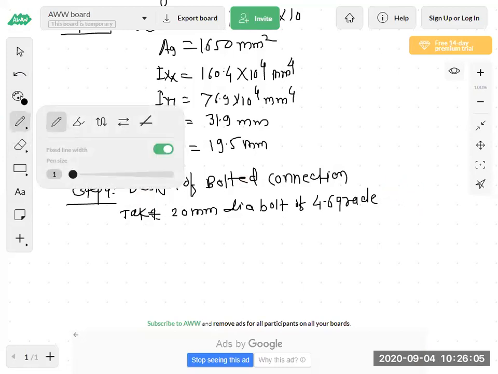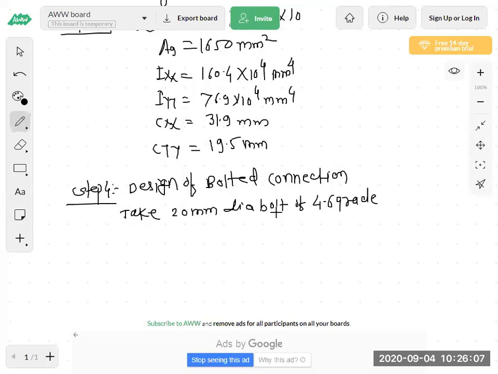See, if not given, we have to assume such things. Diameter of bolt not given, then we have to assume this.